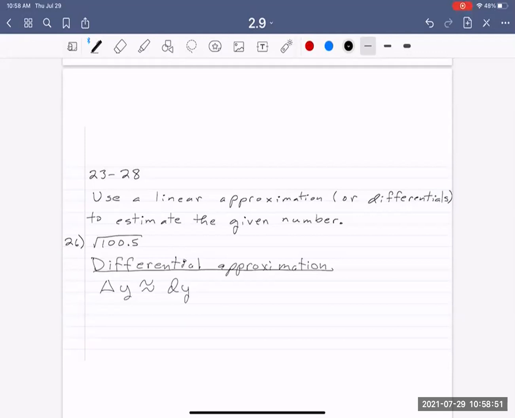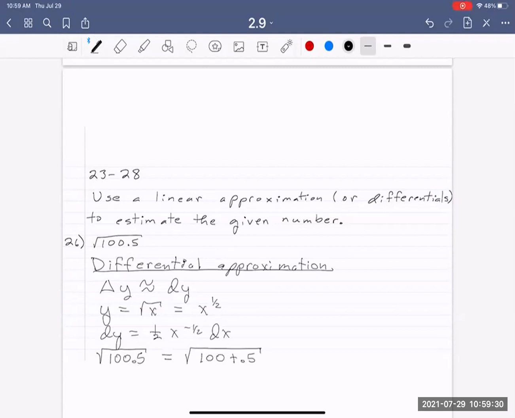And so let y equal the square root of x, x to the 1/2. Then dy is 1/2 x to the negative 1/2 dx. And now let's approximate this. So in this case, I want to approximate the square root of 100.5. So I can write this as the square root of 100 plus 0.5.